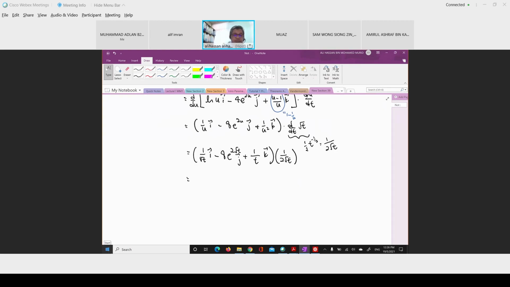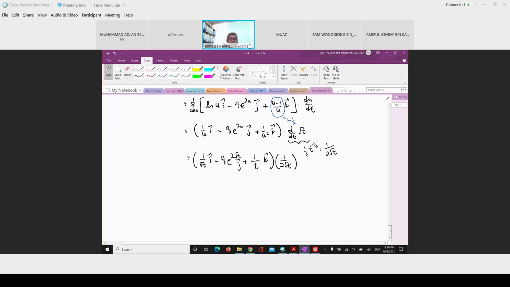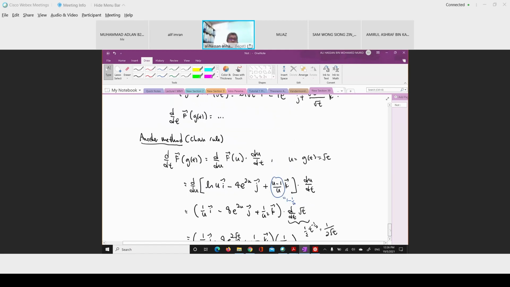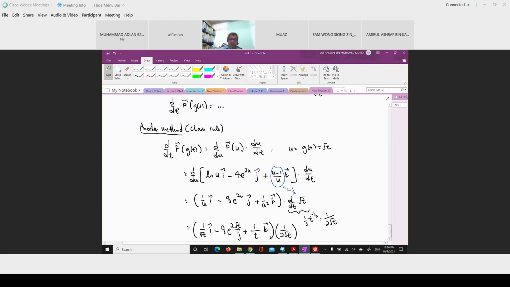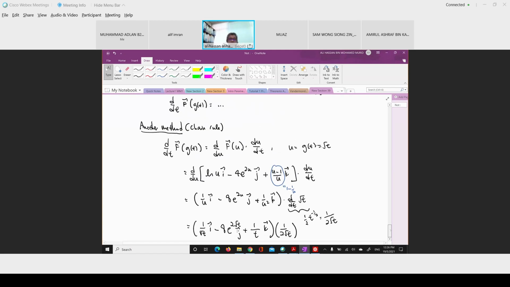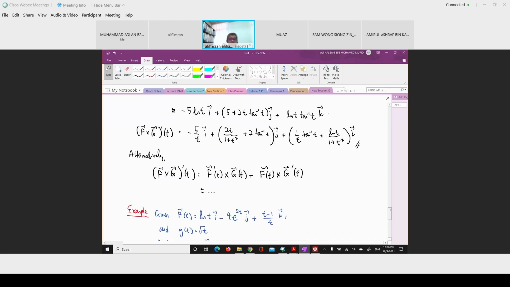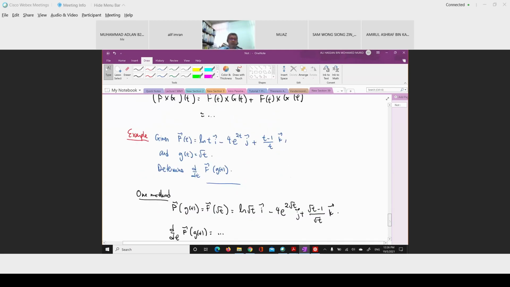So this is an example of an application of the chain rule for the vector function. Yeah, vector function. Any question?